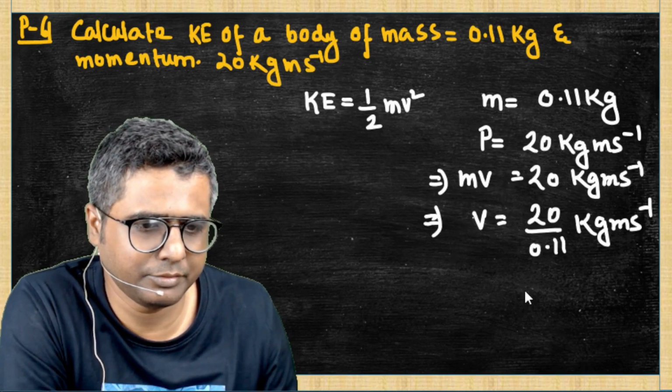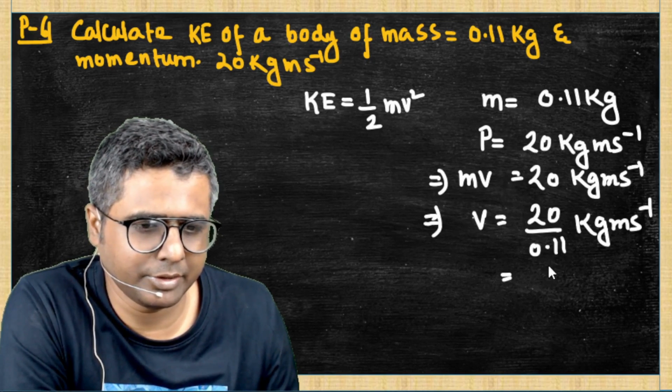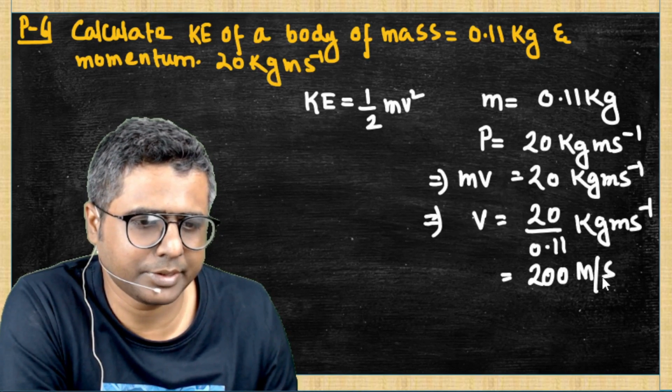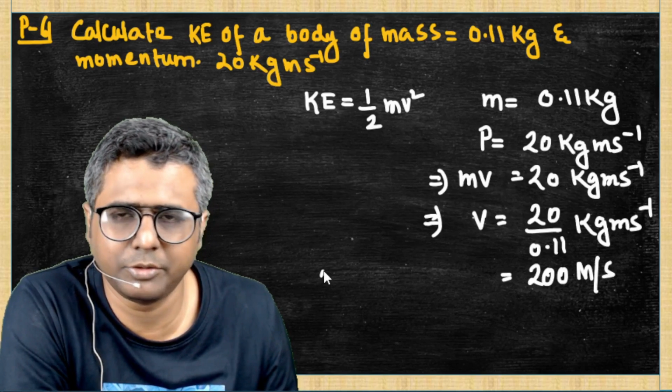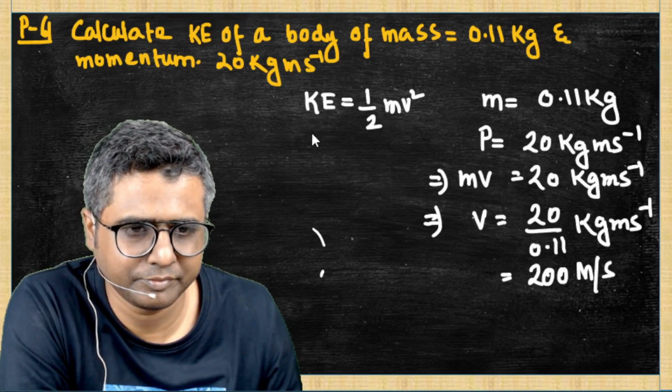Okay, if you want to calculate this, it will be a little lengthy. I'll take this as 0.1, so it will be approximately 200 meter per second. 0.11 it is given, that's why.